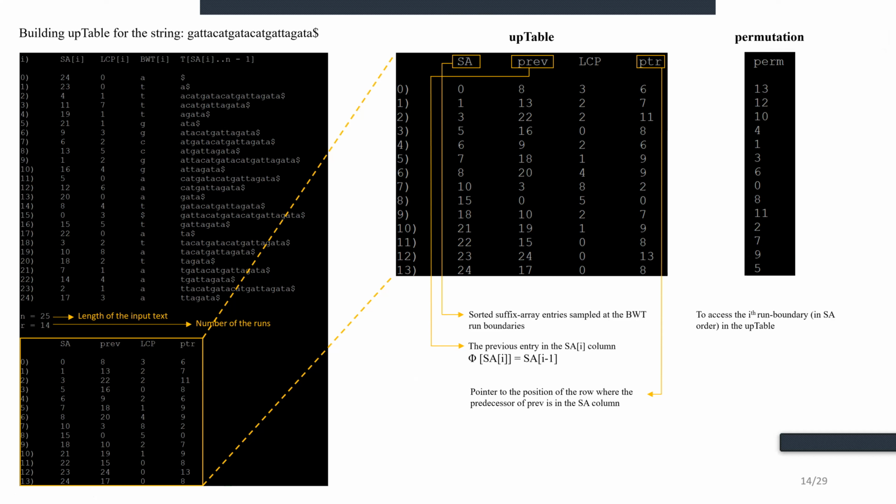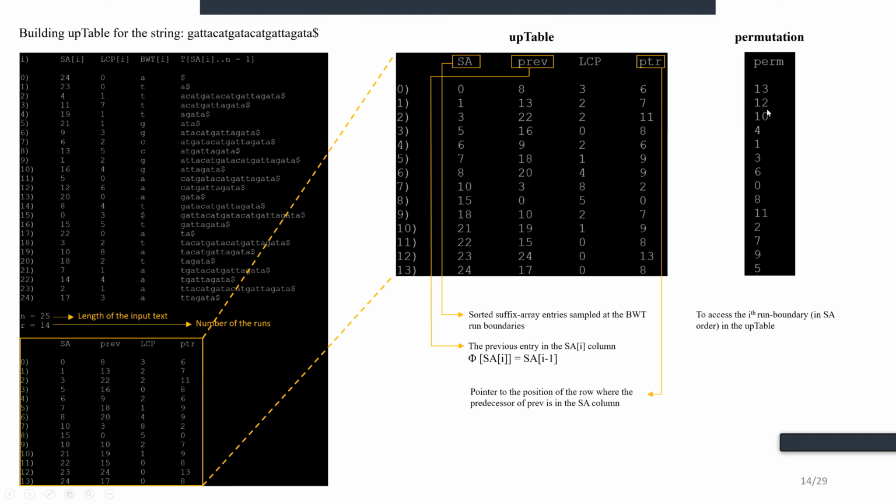Next, we have the permutation table, which is used to access the ith run boundary in the up table. So for example, this first value, which is 13, means that the first run head here, its value is 24, and 13 is the row where 24 is stored.